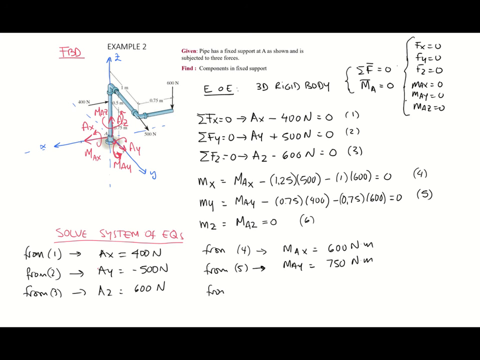And from 6, we already have that the moment at Z is equal to 0. So we were able to solve our system of 6 equations with 6 unknowns. Very easy equations to solve, and these are the results for this problem.